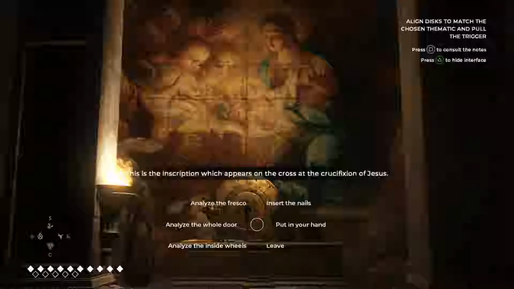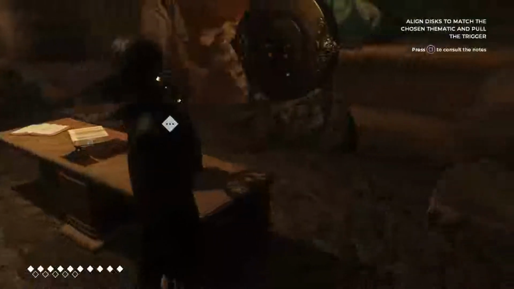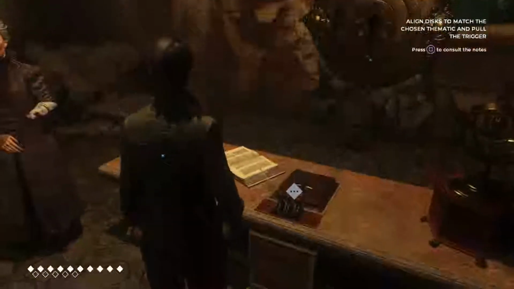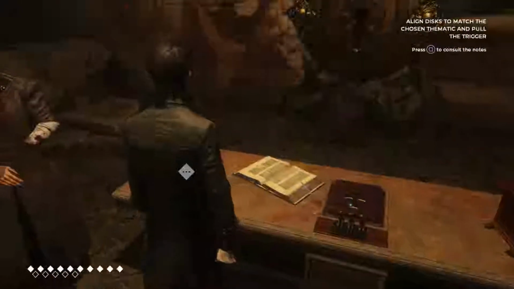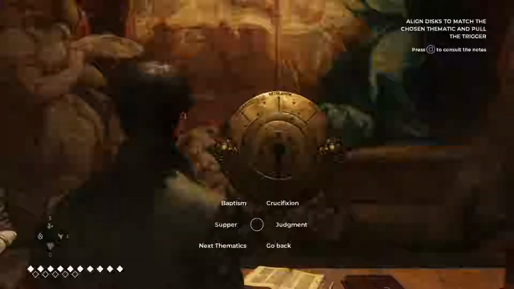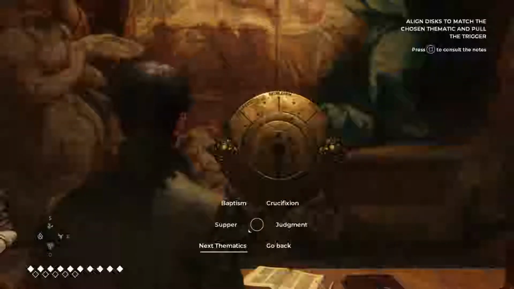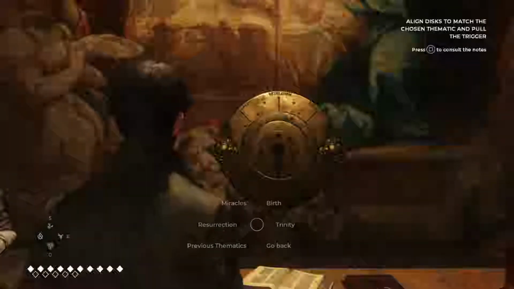Alright. Let's have a look at something. Okay. Right, so we're looking for crucifixion labels. Oh boy. What the hell is this?